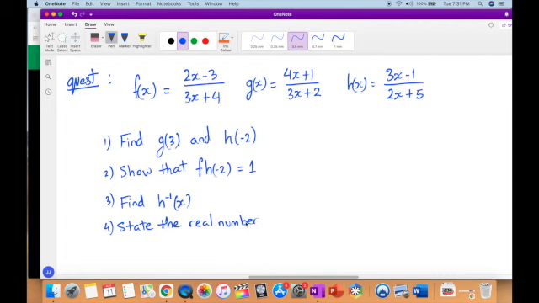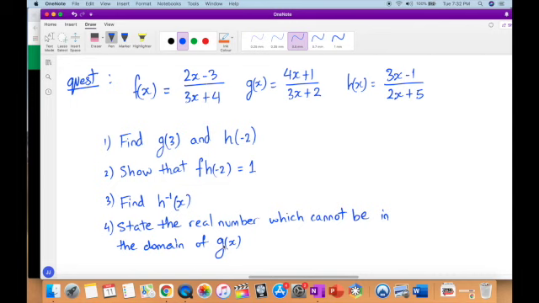State the real number which cannot be in the domain of g of x. State the real number. A real number is a number. It could be any number, because real numbers is all numbers.